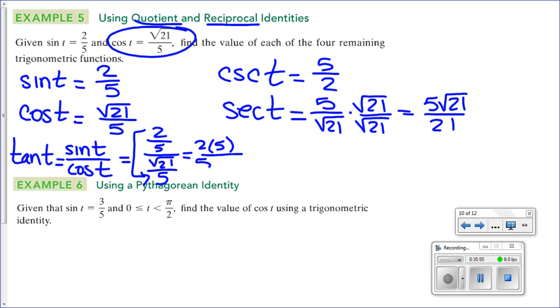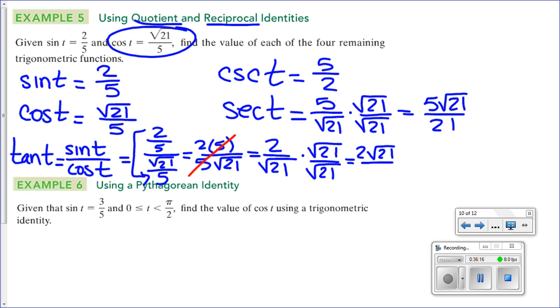And then 5 times the square root of 21. In this case, we could cancel the 5s because they're factors. And we will get 2 divided by the square root of 21. However, we need to rationalize. So this will be 2 times the square root of 21 over 21. This is the answer.